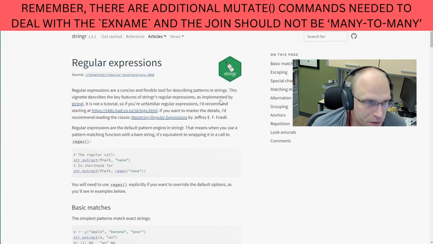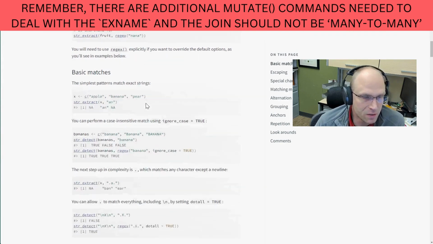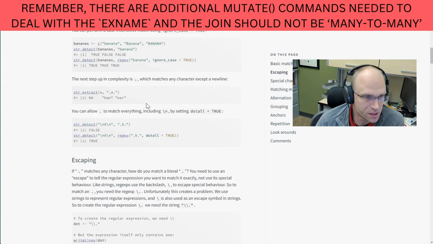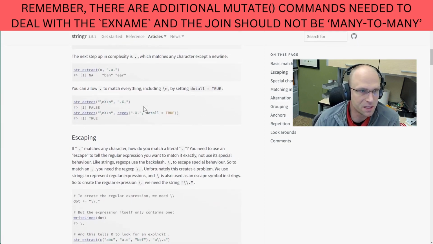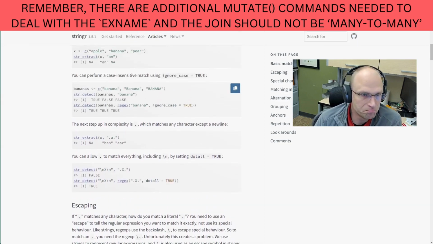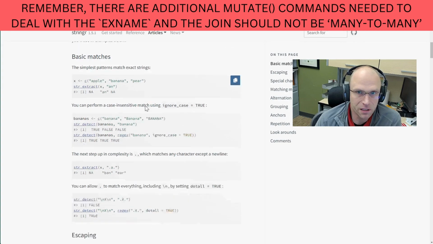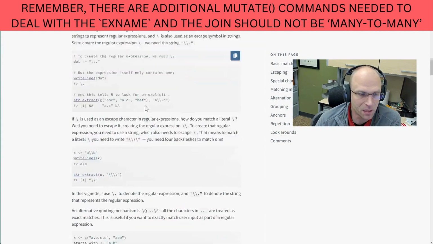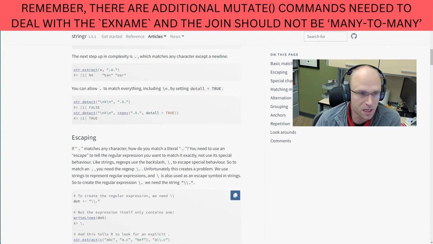So if you look at regular expressions in stringr, it will kind of walk you through this. This is probably still not going to be clear. It's something you have to play with a lot, I think, to really understand.